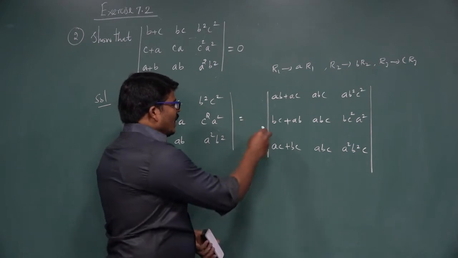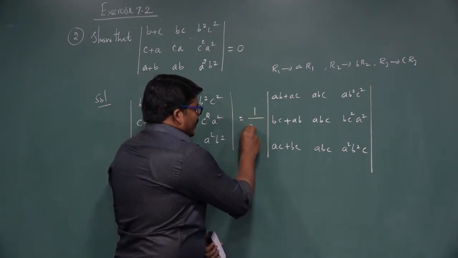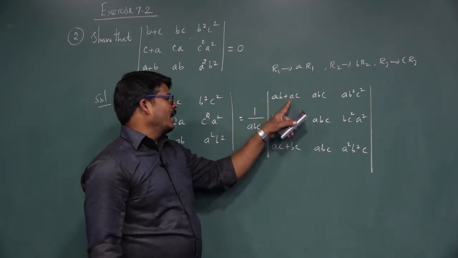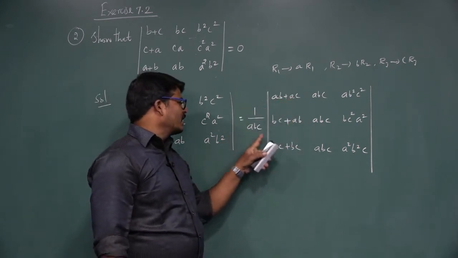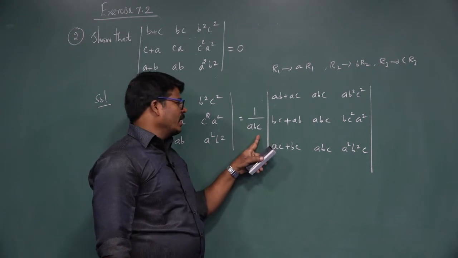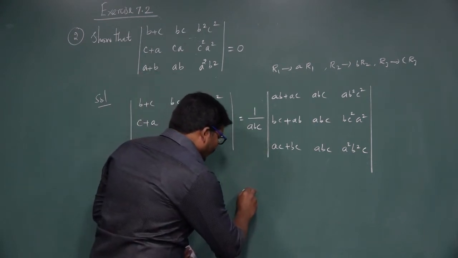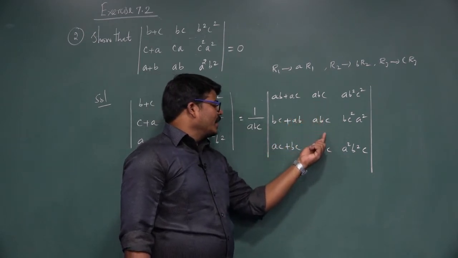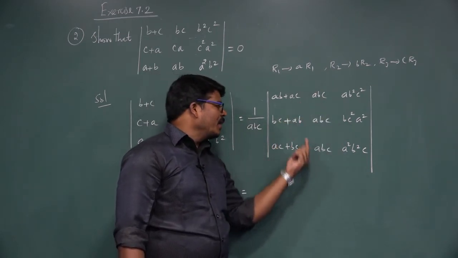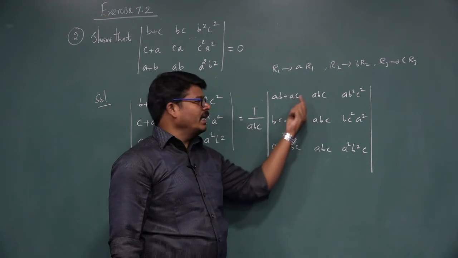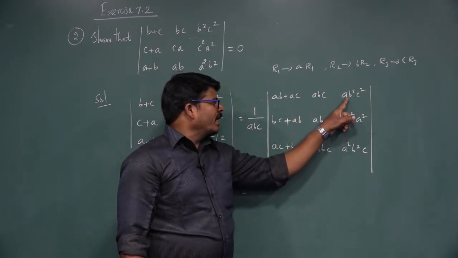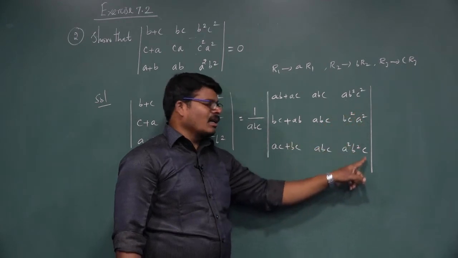Now every row is multiplied by A, B, C, so we take the common factor 1 by ABC outside. The second column is ABC, ABC, ABC, so ABC is common in C2, and the third column also has ABC common.